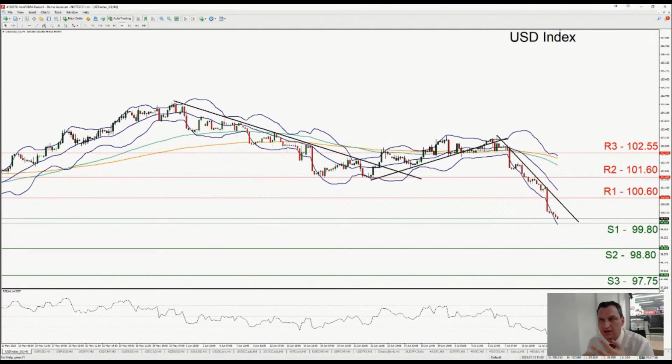That was further enhanced yesterday. Mind you that in the meantime, on Monday, we had some comments by Fed policymakers which tended to highlight the possibility that the Fed may be nearing the end of its rate hiking cycle after 2 more rate hikes. And I would say that also enhanced the USD bears.